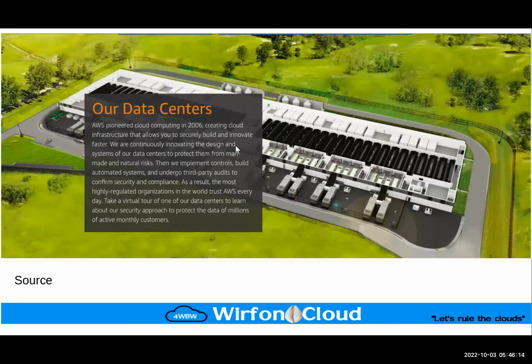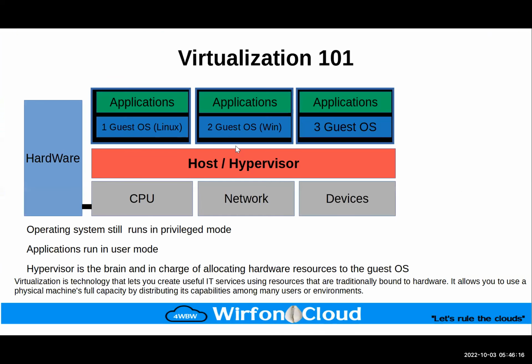If you come back here, you have a hypervisor and at least 3 guests using the same hardware, and the hypervisor is responsible for determining how much of the CPU, network, devices, or storage will go to guest 1, guest 2, and guest 3.